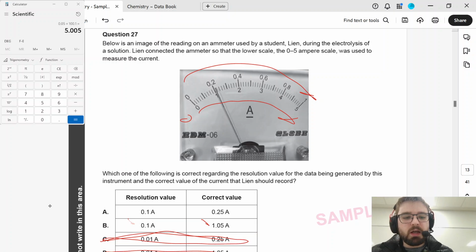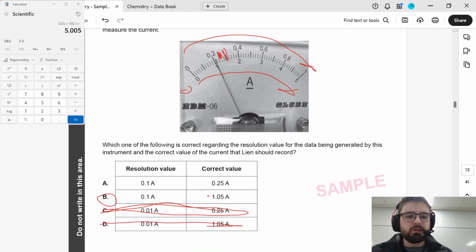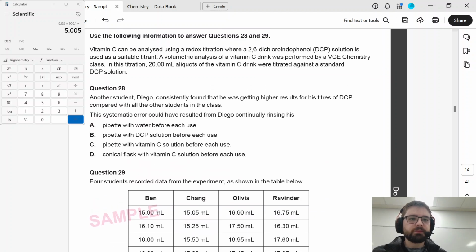So the correct value is definitely going to be, because we're reading from the bottom, over 1, so the only possibility is B anyway, which is nice. 0.25 would be if you were reading it from the top, about here, halfway through, because this is 0.3 here. Yeah, no, you'd have to mess up a lot to get 0.25.